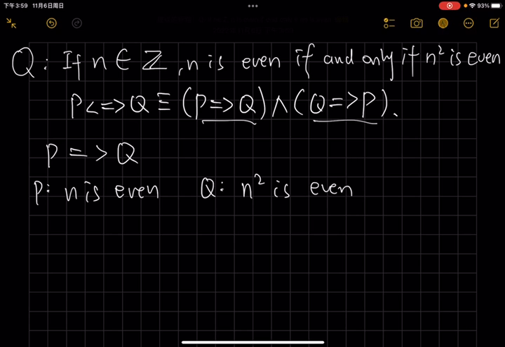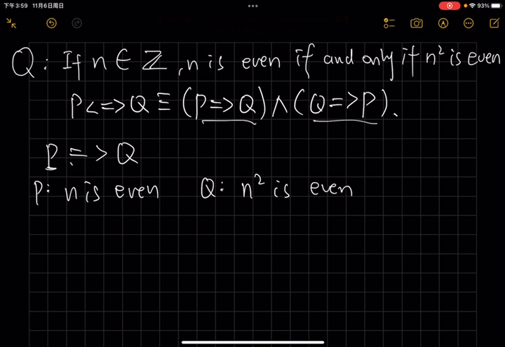They're integers, right? Okay, if we want to prove this, here we can simply use direct proof. And what is direct proof? Basically, direct proof is we assume the hypothesis P is true and we use it to show the conclusion Q is true. Yeah, that's direct proof.